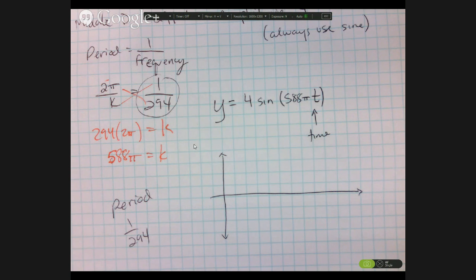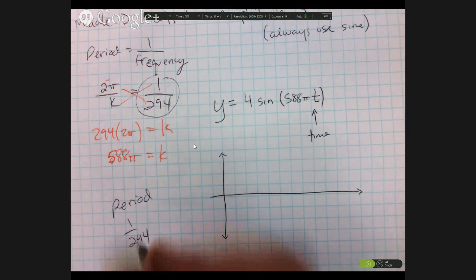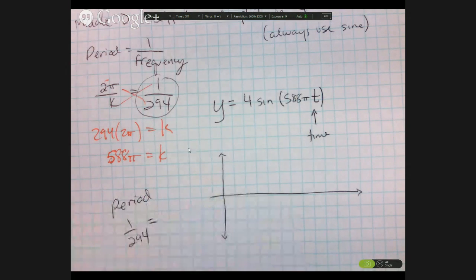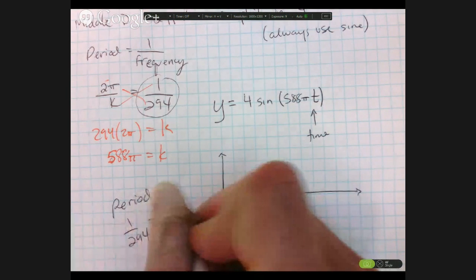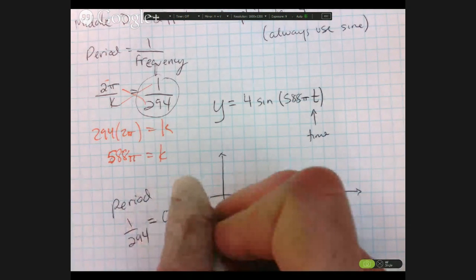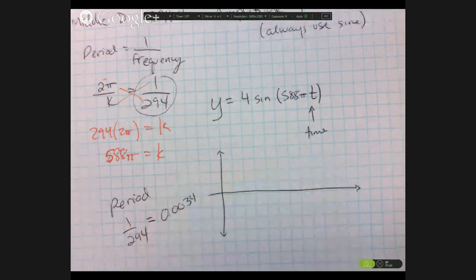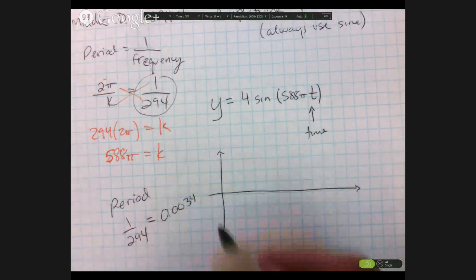So 1 over 294 is going to be our period. What decimal is that? Anybody with a calculator? 0.0034. Yep.